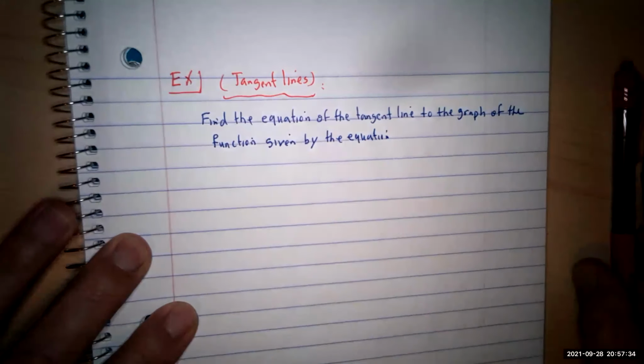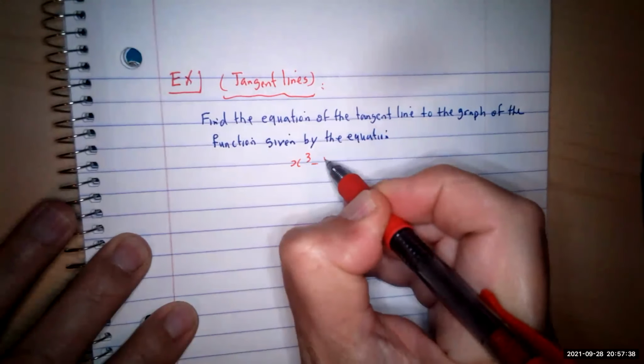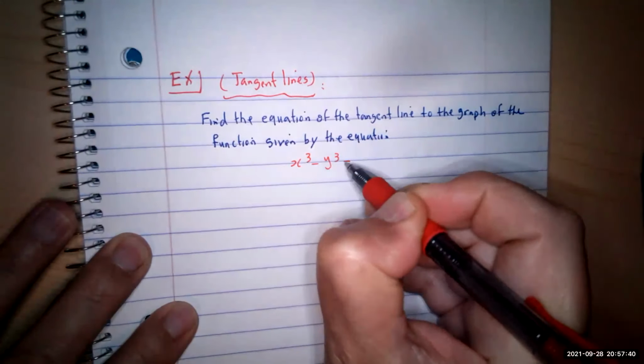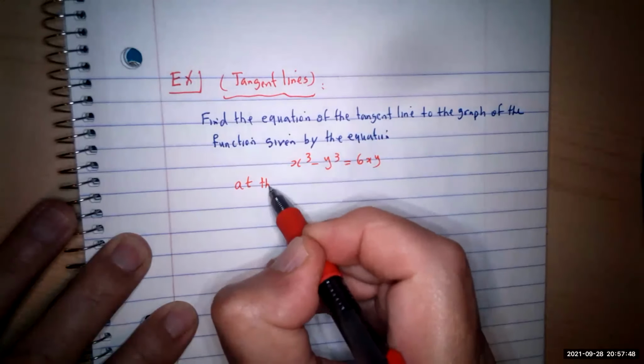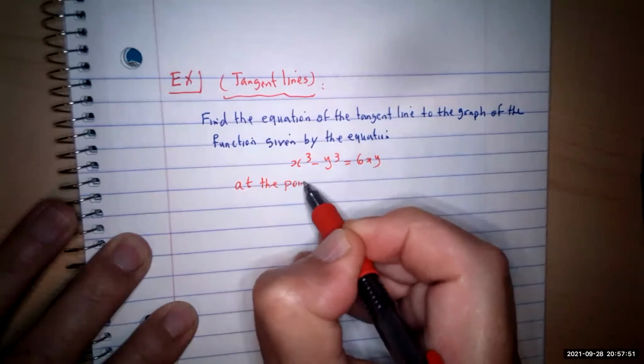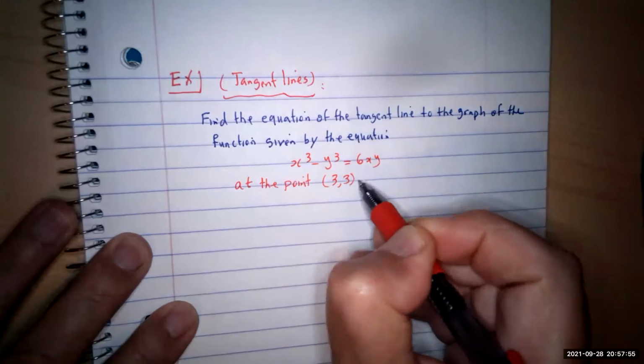The equation is going to be implicitly defined. Look at this one: x cubed minus y cubed equal to 6xy at the point with the coordinate of 3 and 3.